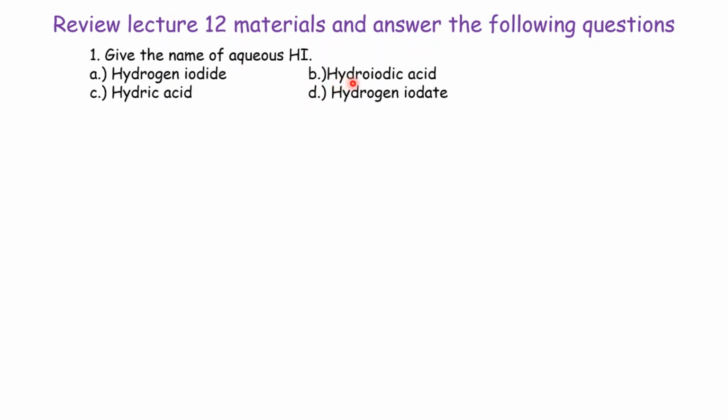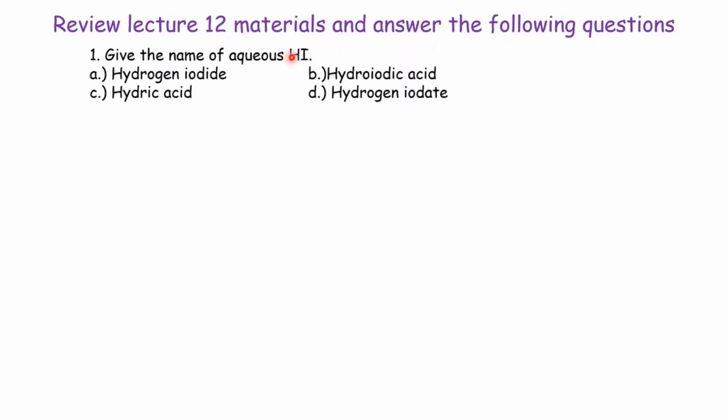starts with hydro. Okay, and here you say that's also hydro, but that's actually hydrogen. The hydro here is not a prefix. So therefore B should be the correct answer. And what is wrong with hydrogen iodide? Here aqueous HI means it's an acid.